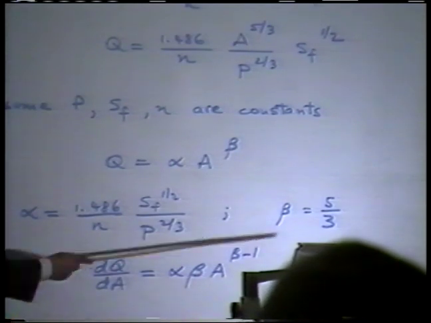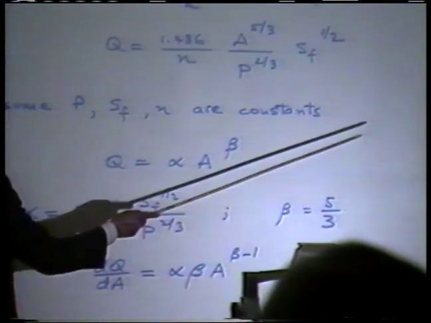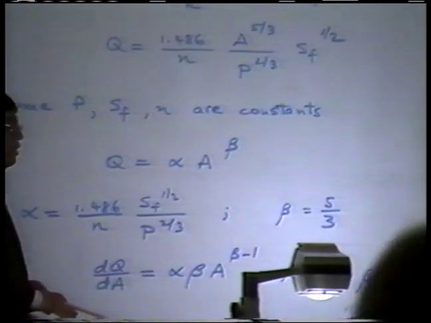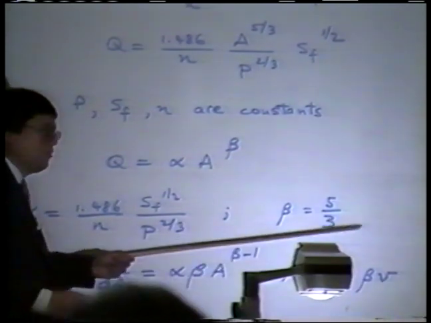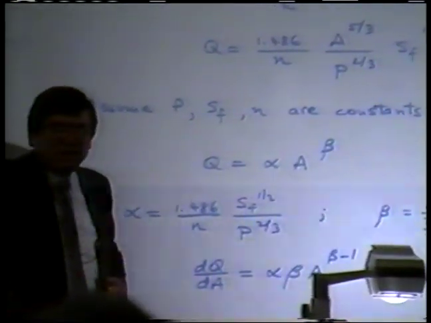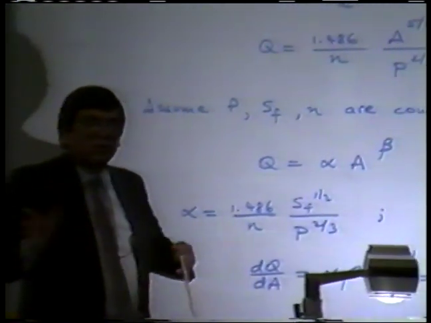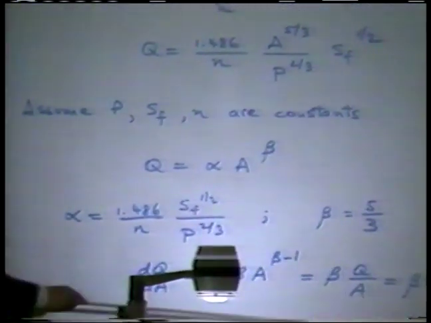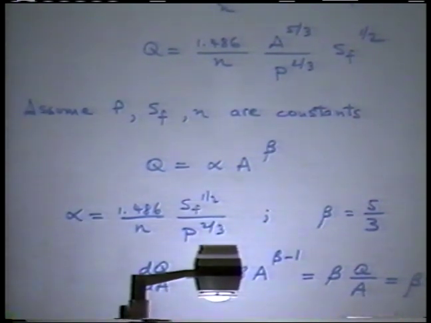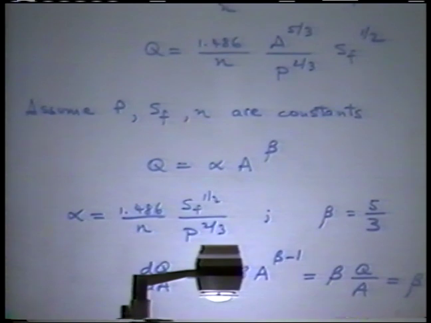So that means that this beta is applicable under the conditions of a wide channel, a very wide channel, because for a wide channel we can assume that the wetted perimeter is a constant, as an approximation. So for wide channels, theoretically infinitely wide channels, and of course that doesn't happen, but if you had a very wide channel of width to depth of 100, or even anything more than 10 or 15, would be considered to be a reasonably wide channel. This beta then is 5/3, turbulent Manning flow under wide channel assumption.